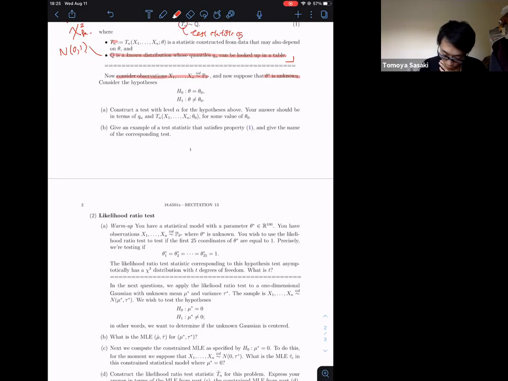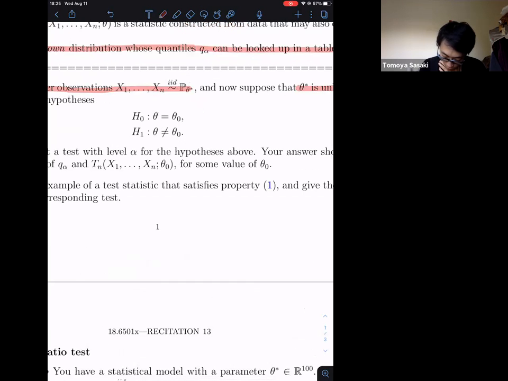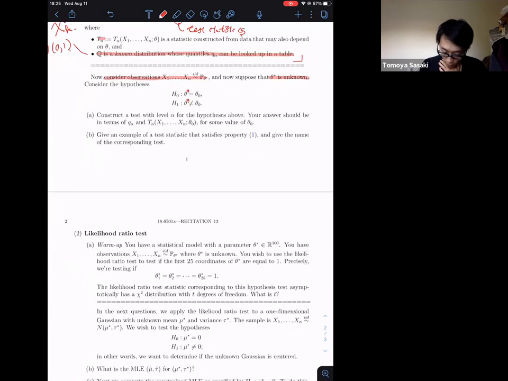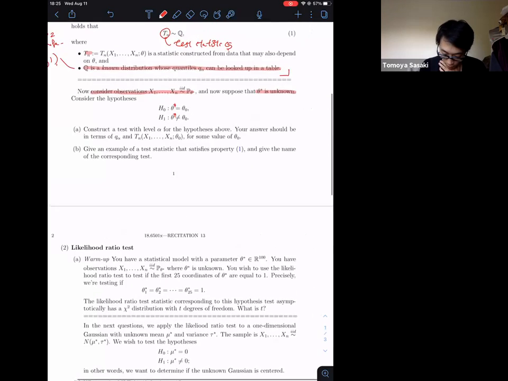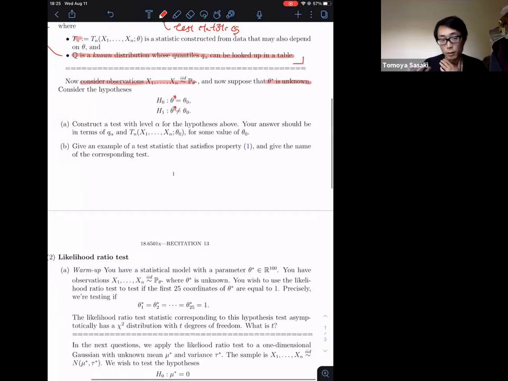We want to know, oh wait a minute, sorry, this is a typo here. This should be theta star. So theta star equals theta naught, or theta star is not equal to theta naught. That's the test we're trying to do.